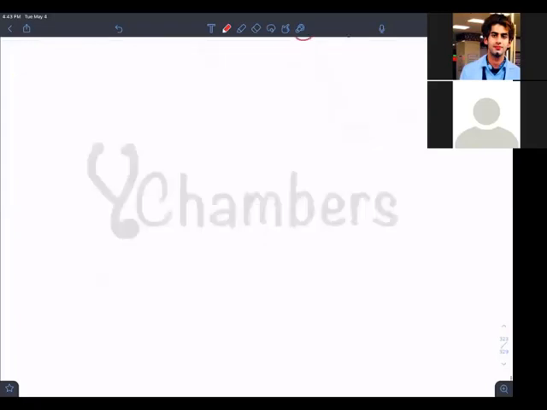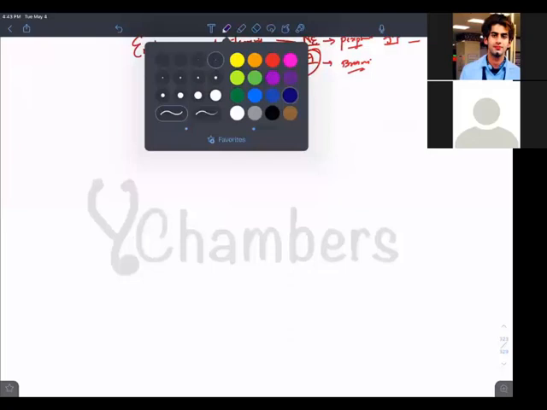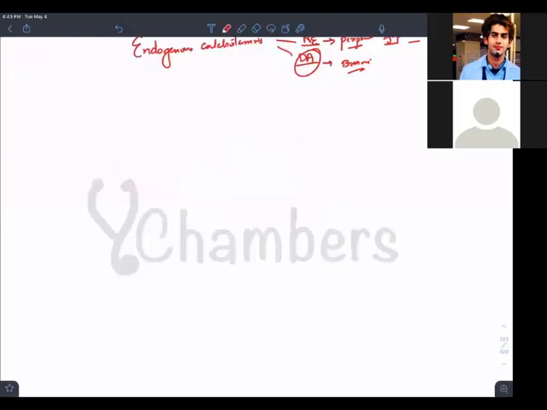Now see, let me make a neuron like this. Everywhere in the medical colleges, they are drawing it like this. Let me take it red because it's an adrenergic neuron.